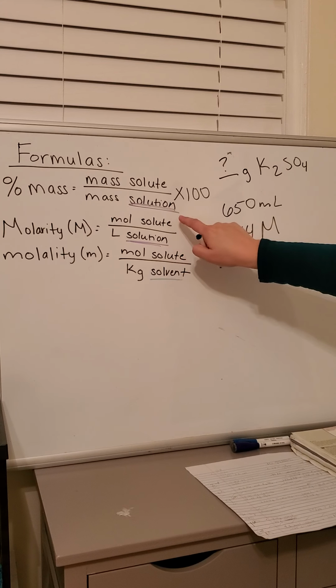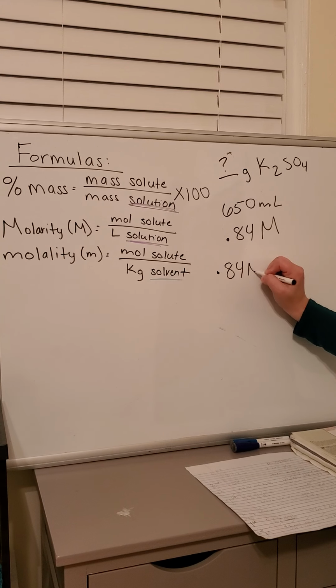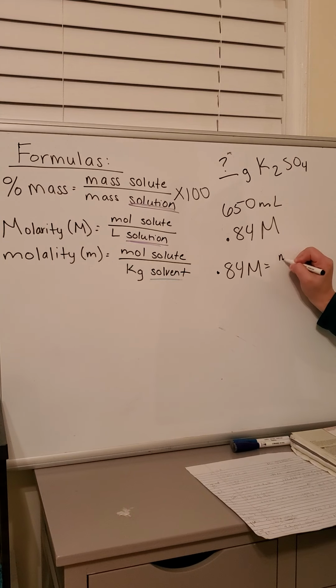So we are solving for moles. You're going to have 0.84, that's our big M, equals our moles of solute. That's going to be our question mark. That's what we're solving for first. Then from moles, we can get into grams because you guys all know how to do that now.